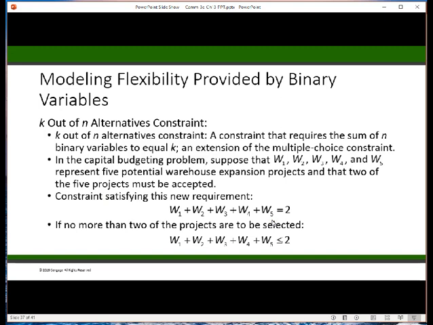Now, if k was 3, then we'd just say 3 out of the 5, in other words, we would make it equal 3. And we would multiply these variables, W1, W2, times their contribution. Let's say the net present value they offer, or the internal rate of return they offer, or some measure that we're trying to optimize.